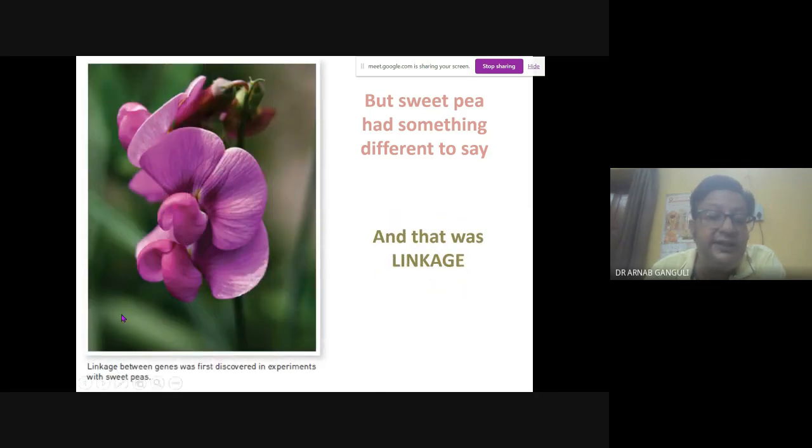It was found that linkage between genes was discovered in experiments with sweet peas. You did not get a 9:3:3:1. That means one gene, one allele somehow influenced another gene's allele. And therefore, it was called linkage.